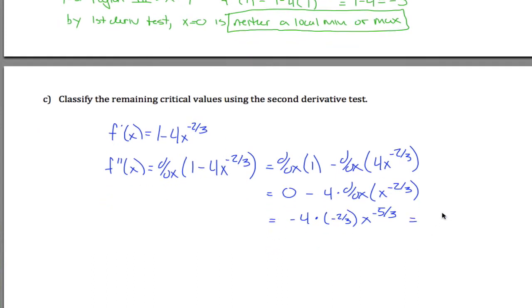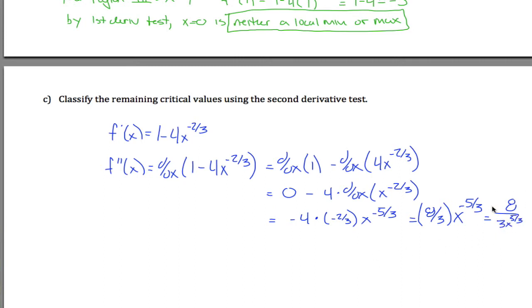In other words, it is positive 8/3 x to the negative 5/3. Or if you prefer, it's 8 over 3x to the 5/3 power.